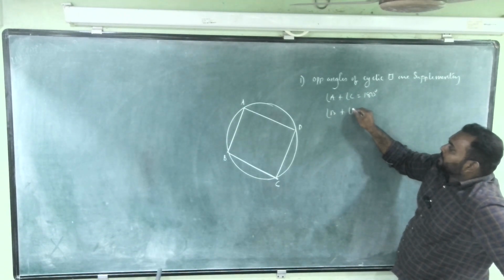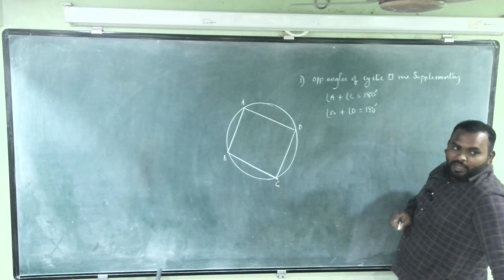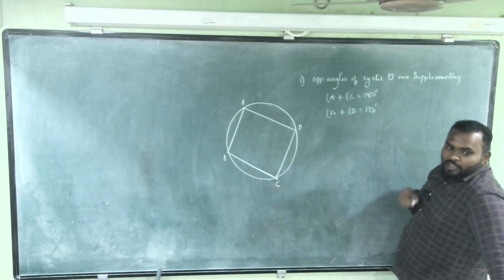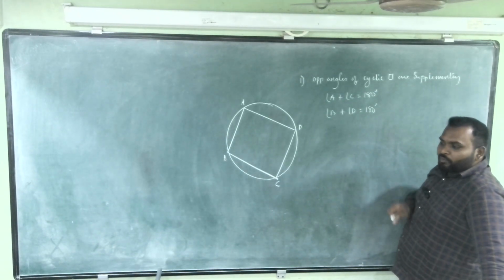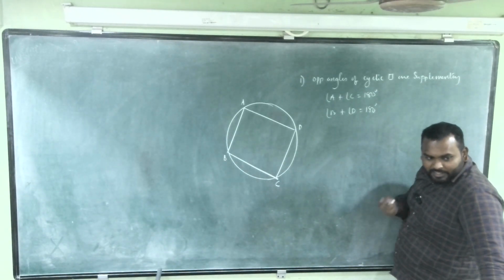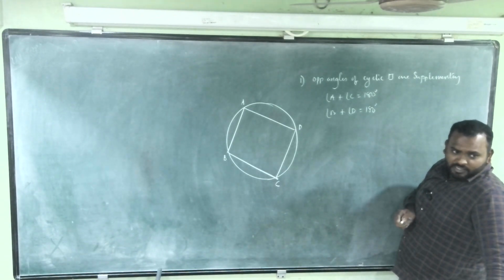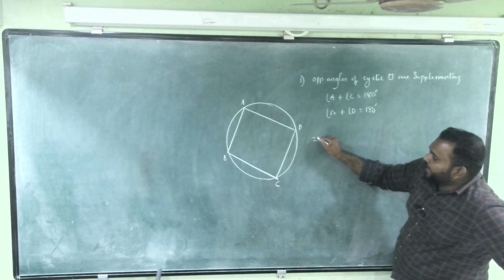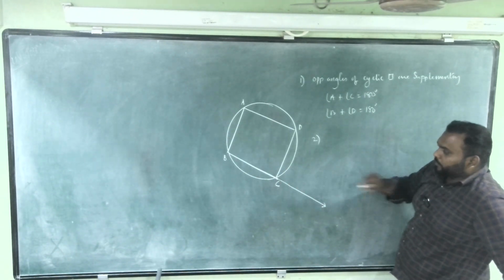So angle B plus angle D will be equal to 180. So always remember, if a quadrilateral is cyclic, its opposite angles are supplementary. Its converse is a theorem: if the opposite angles are supplementary, then the quadrilateral is cyclic.